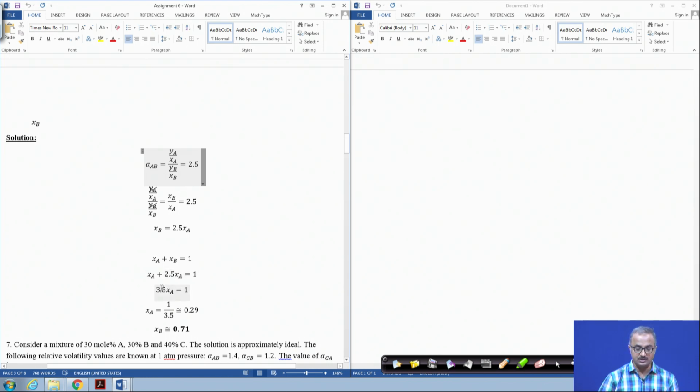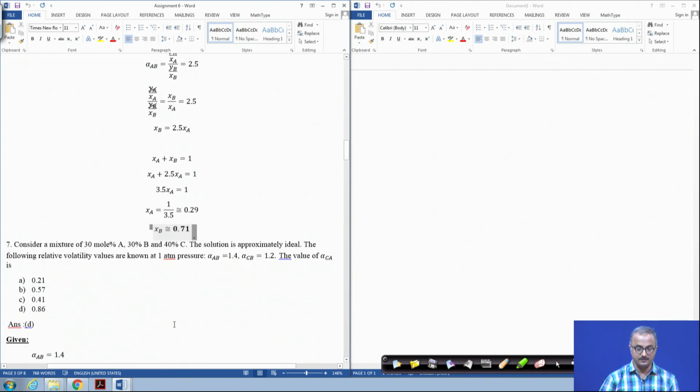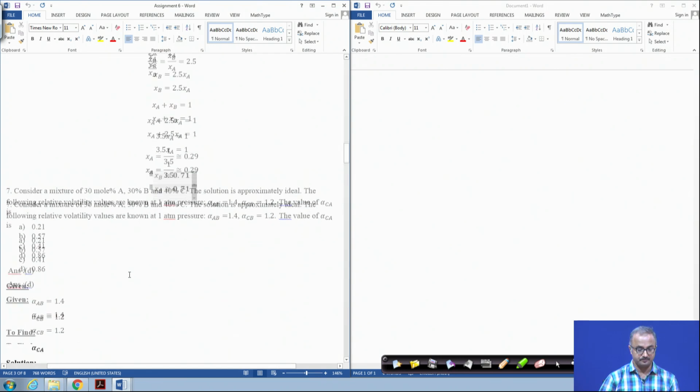All these things we do, and we simply plug in the various values in this particular expression, and we find the value of the mole fraction of component B in the liquid. I hope these are fairly simple problems which just need some basic definitions to be remembered, and if you know those definitions, you should be able to solve these problems very easily without any difficulty.